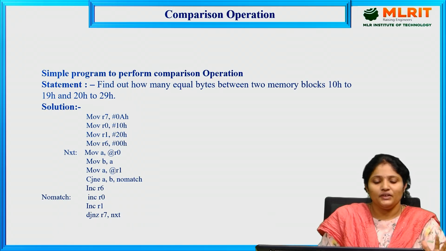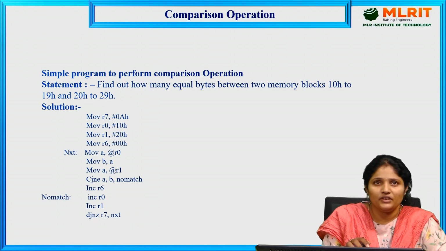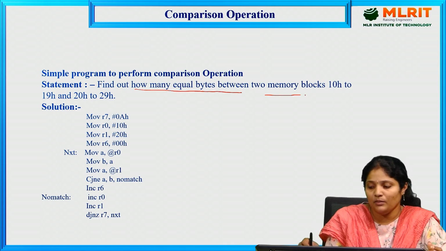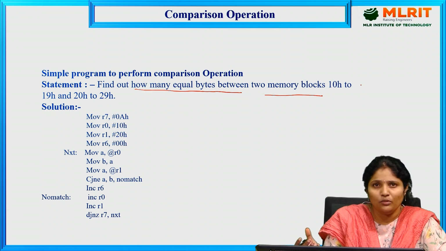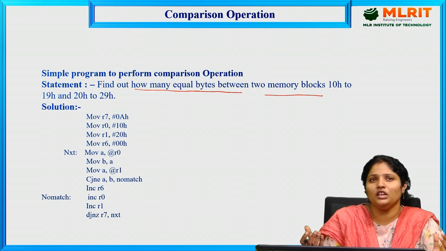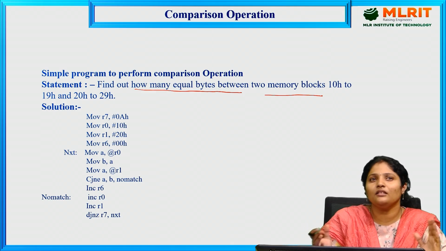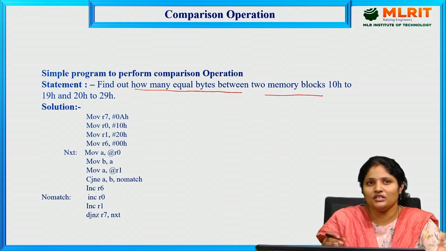Coming to the first program, the statement is: we need to find out how many equal bytes are there between two memory blocks. Obviously there are two memory blocks, so we need to compare each location of one memory block with the locations of the other memory block and find out how many bytes match.